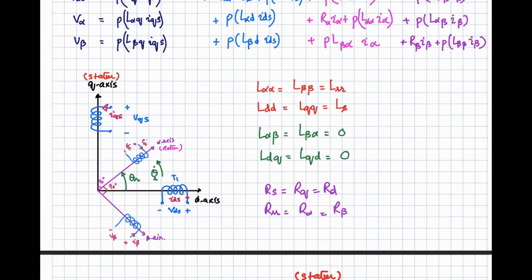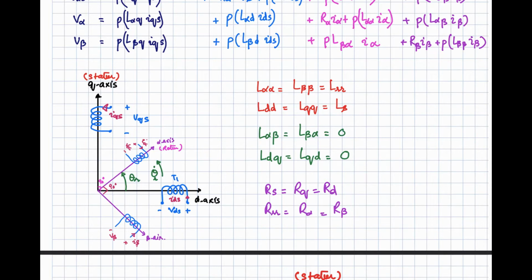So L alpha alpha, the self inductance of this axis, is equal to the rotor inductance LRR, and the same for beta. Similarly LDD and LQQ are equal to LS. However, L alpha beta equals L beta alpha equals 0, and LDQ and LQD will be equal to 0 because the beta and alpha axes are orthogonal, and the D and Q axes are orthogonal, perpendicular to each other.